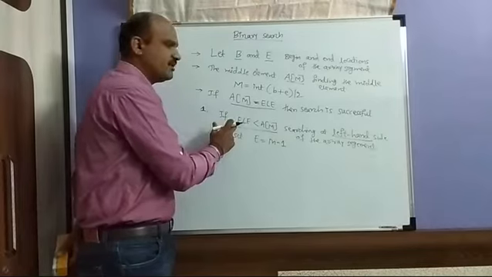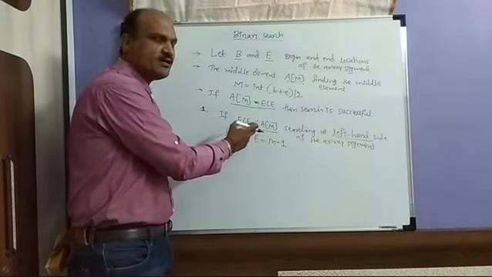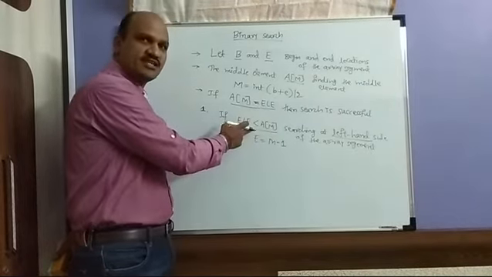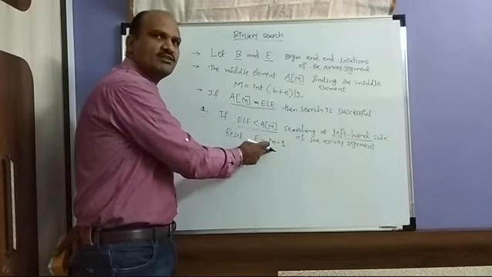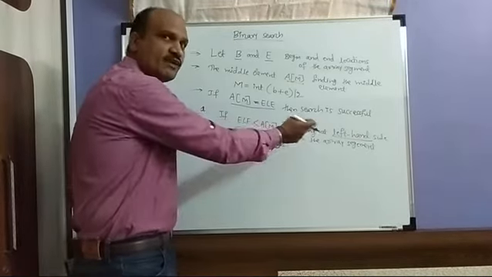That is, if element is less than A of M, then E is equal to M minus 1. That is the left hand side you have to go.